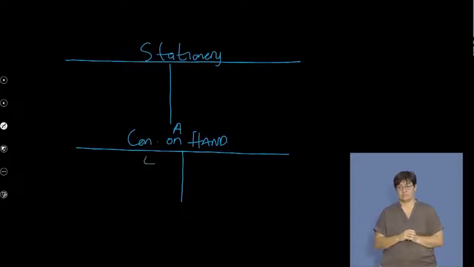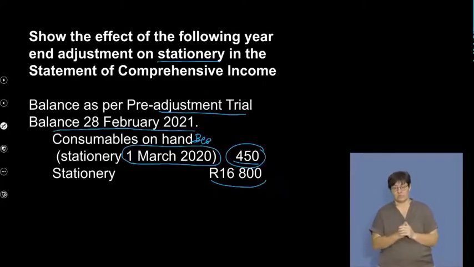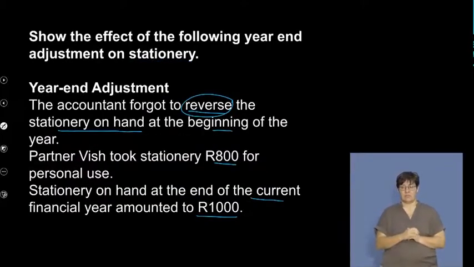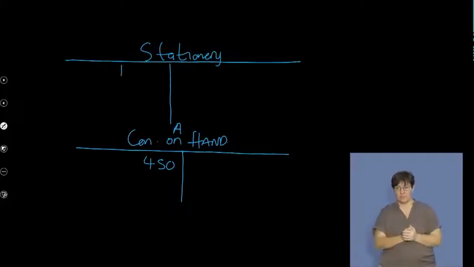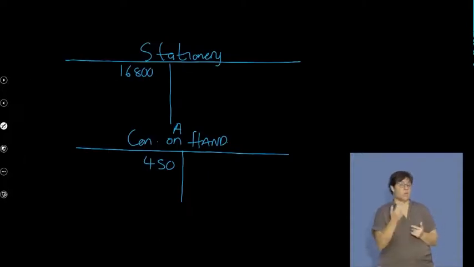So on hand, 450. And then stationery purchased for the entire year, an amount of 16,800. So I just want to take that through to the ledger as well, 16,800. Right, so let's start with our very first adjustment where the accountant forgot to reverse the stationery on hand at the beginning of the year.